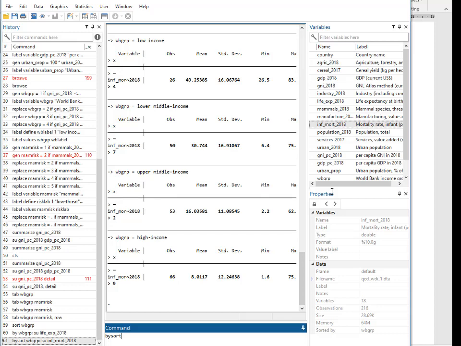So by sort, again, means that it'll sort out this, and I call it mammal risk. So let's sort out the mammal risk categories. Here you have to use whatever name you use for that variable. And it's going to summarise the urban. What's it called? Urban prop, yeah.